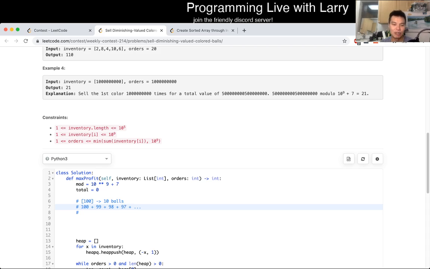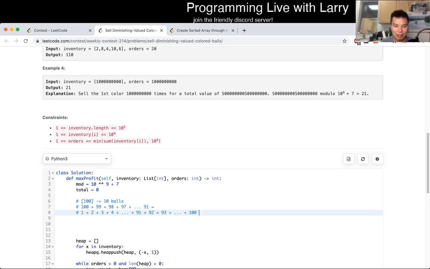When does it end? It's going to end at 91, because of 10 balls, you could count it out. So we have to do the math for this, and it turns out that the math is simply equal to 1 plus 2 plus 3 plus 4 plus ... plus 91 plus 92 plus 93 plus ... plus 100.